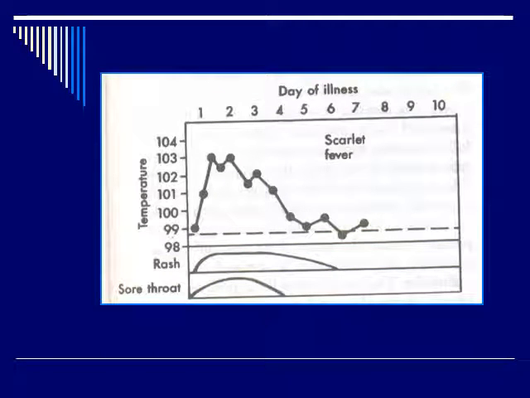This figure shows the clinical manifestation of scarlet fever, including temperature chart, rash, and the associated signs and symptoms. As you see, sore throat, high temperature, and the rash appears in the second day of fever.